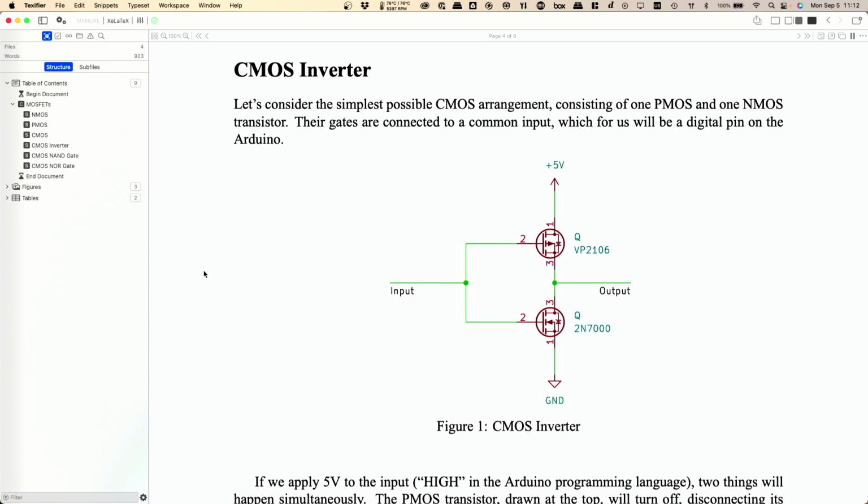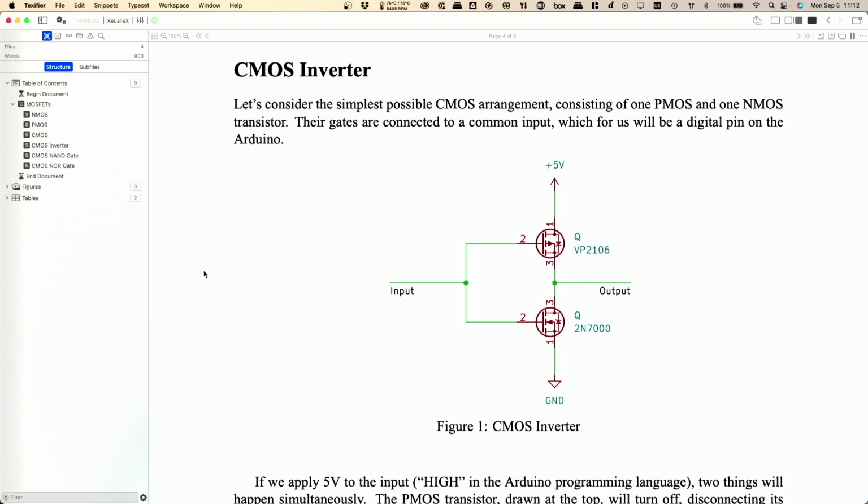In this case, for our input, you can use just pin 2 or whatever off the Arduino. Then the output will go to your LED, and then to the resistor, and then to ground. Make sure which way you plug in the LED.